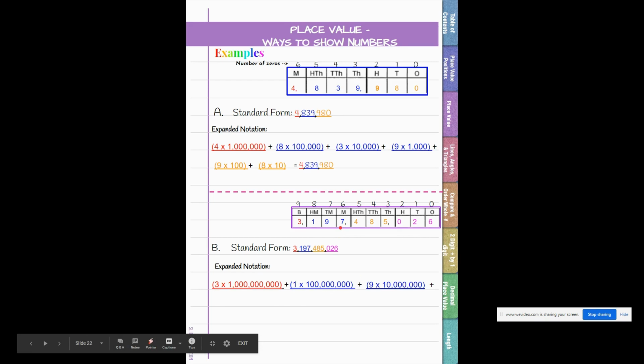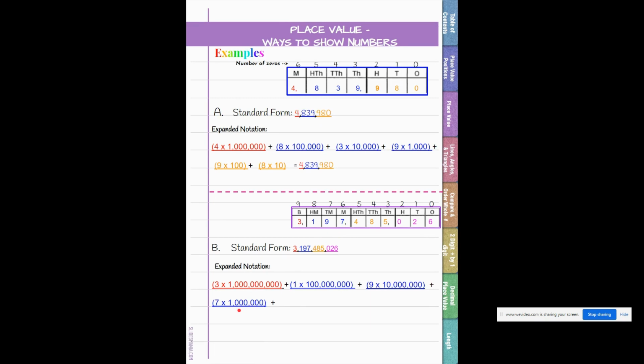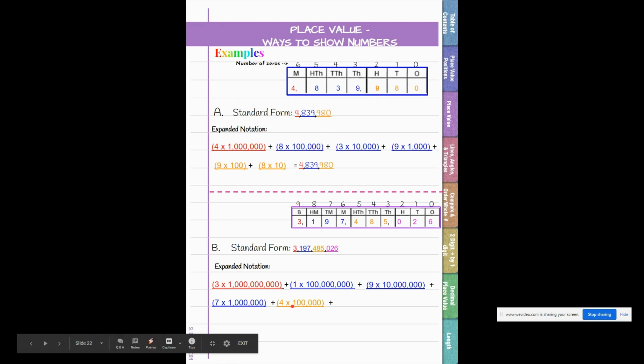Then I move on to my 7 in the millions place, and I record 7 times a million. Then I move on to the 4 in the 100,000s place. So then I record 4 times 100,000. I do the same thing for the 8 times 10,000, and the same thing for the 5 times 1,000.